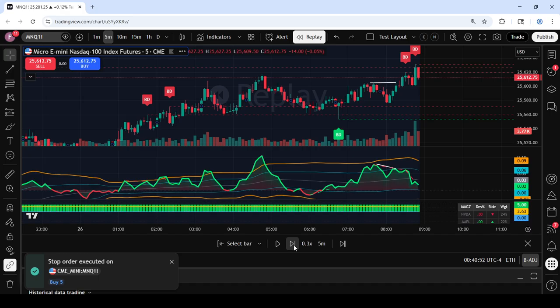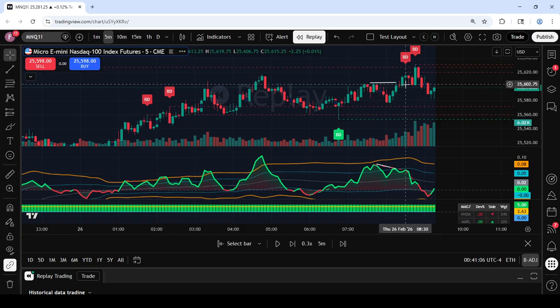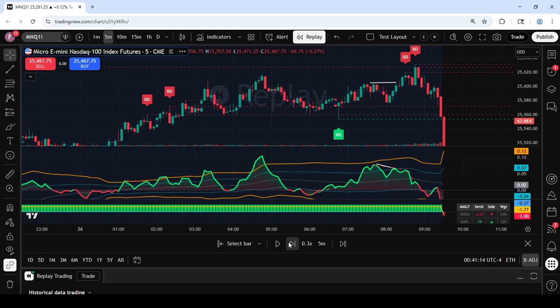Now we're getting close to the market open. We've taken a couple losses, so we're just going to let this play out, get to the market open. Maybe. This is why I take every one of them, because usually if you miss a few, you end up catching the one, making up for it. Yeah, that was a good one.